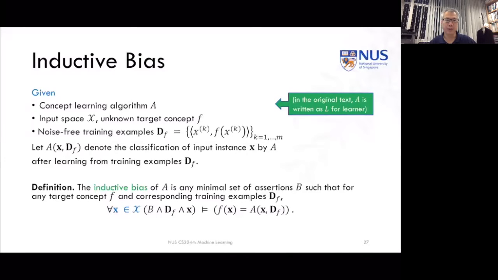So we introduced this idea of needing something called inductive bias, right?